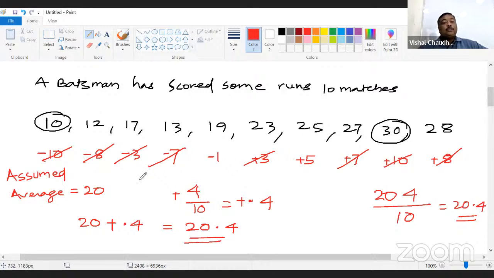So you can find the average by assuming a number midway between your smallest observation and your largest observation.